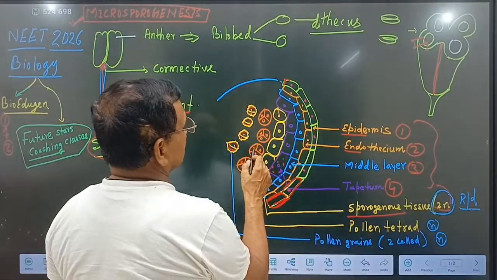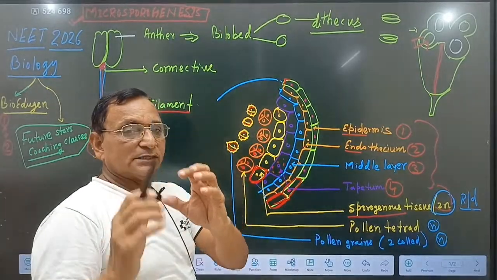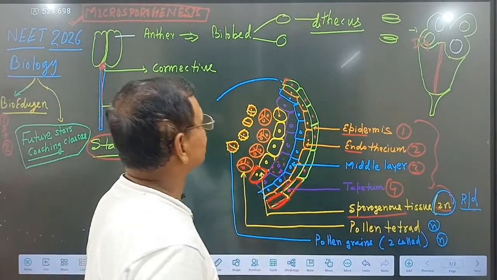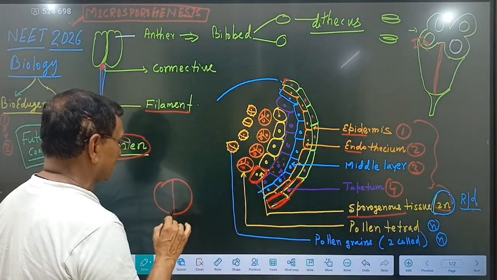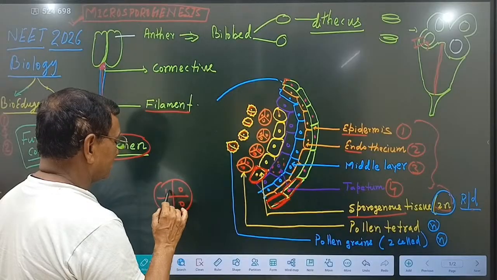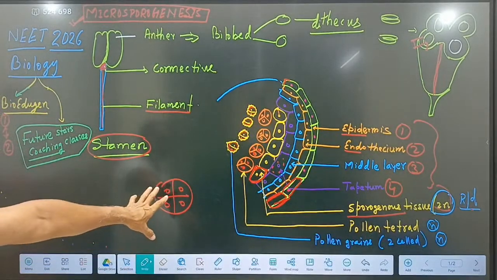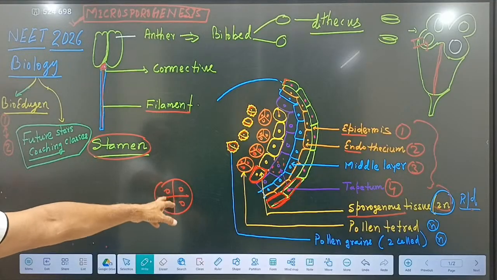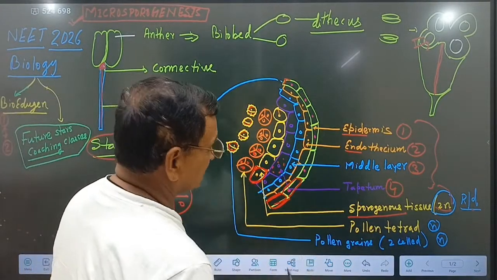So it is not 3 cells, it is 4 cells; 3 are seen and 1 is hidden. In the 3-dimensional picture I can't show the fourth one, but these are the four. Four different future pollen grains are called a tetrad. Tetrad means four.